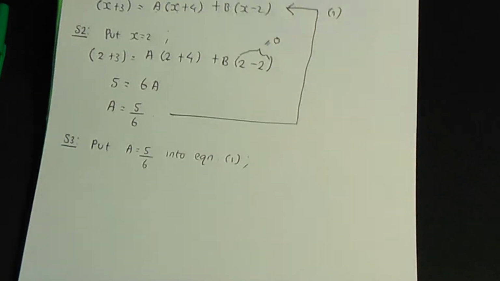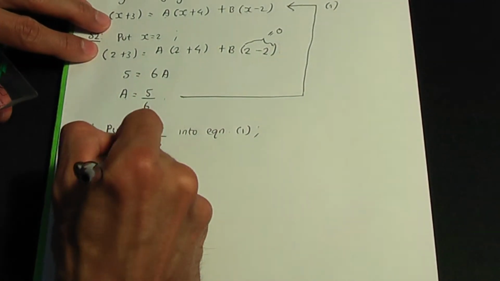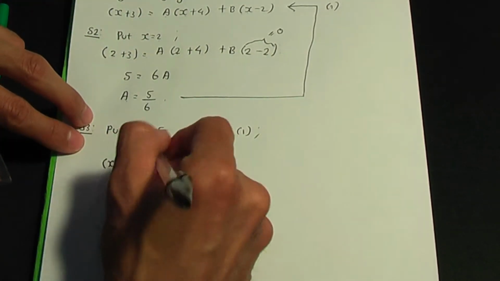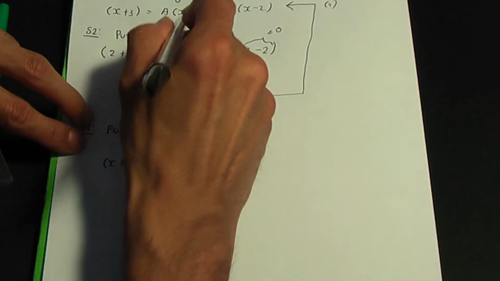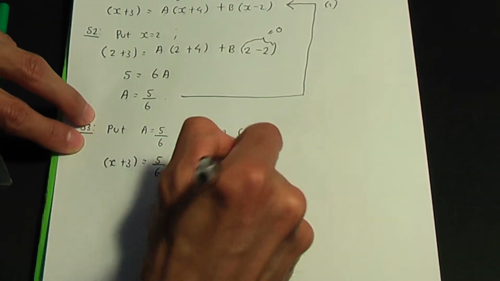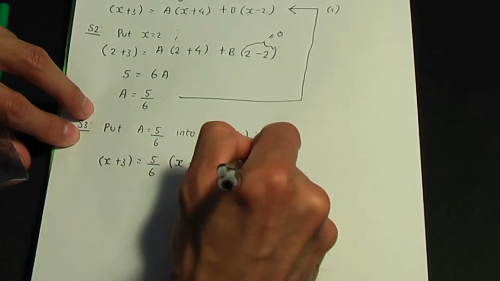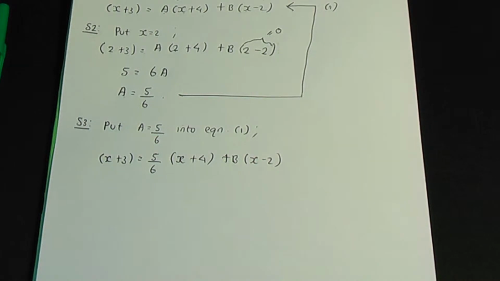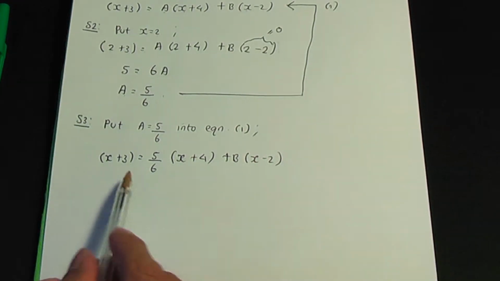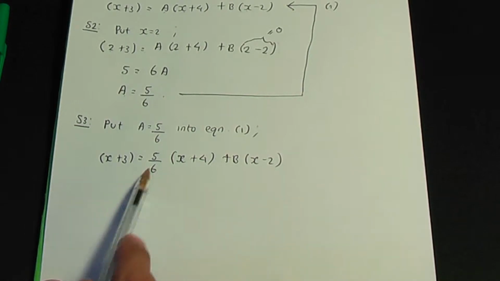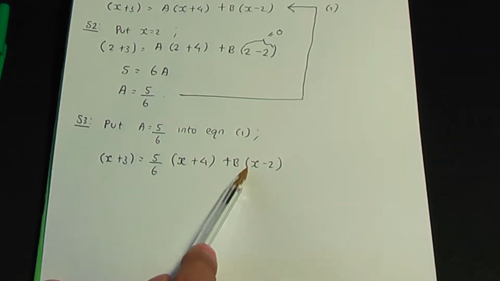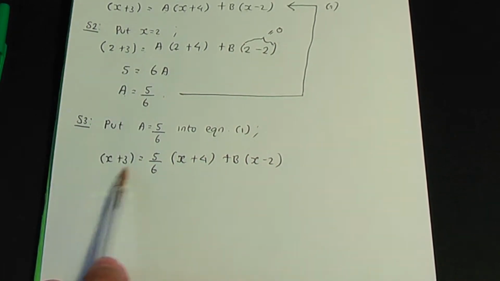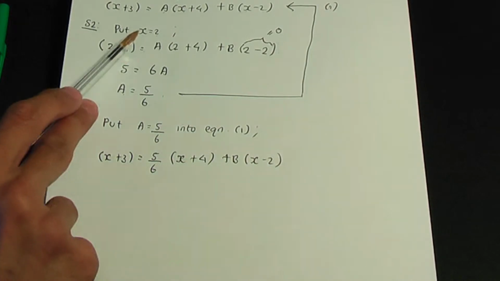And by doing this, we're going to have x plus 3 on the left, that's equal to a, which is 5 over 6, into x plus 4, plus the b, into x minus 2. Okay? Now, once you reach this point, you can choose any value of x to work out b, except the value that you've used.